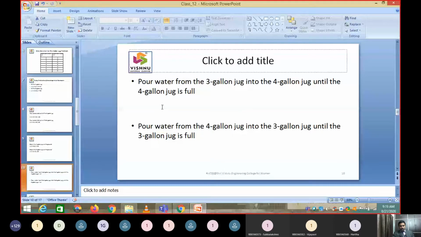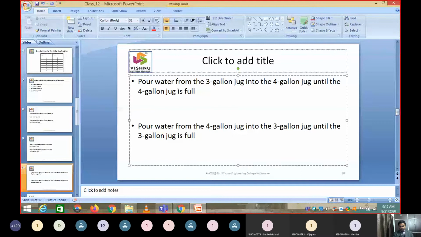Yesterday most of the people answered this question correctly. From the state 3,3 you get the state 4,2. Initially I said there is x, y, and the condition that I kept is you need to fill this 4-gallon jug completely.